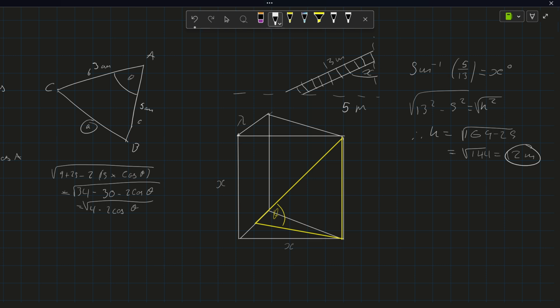Okay. So we want to find this right here. We have everything we need except the angle. Let's call this angle mu.